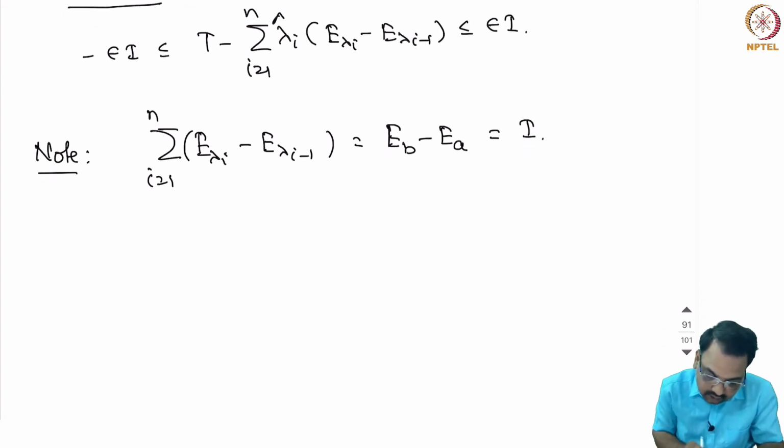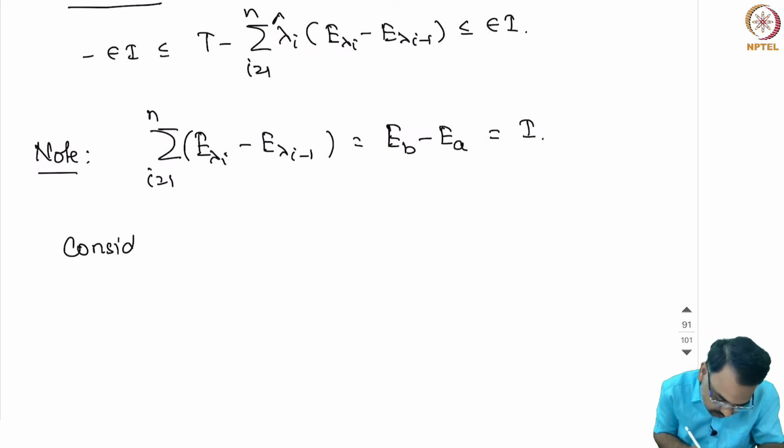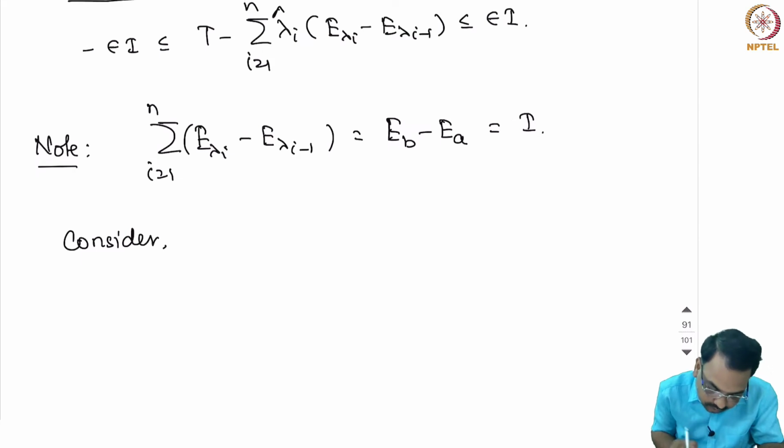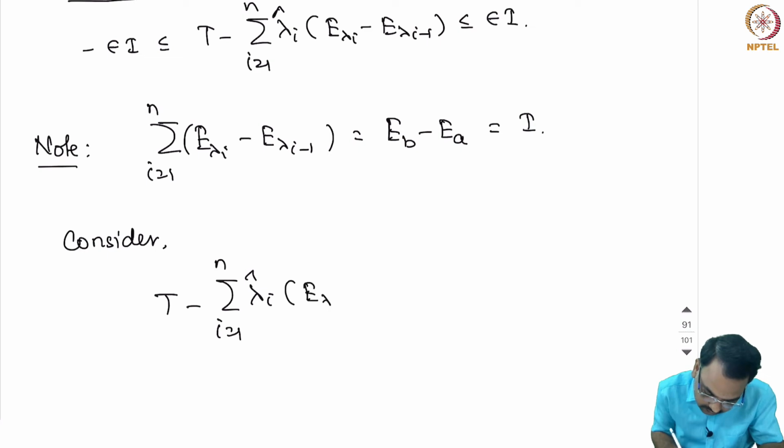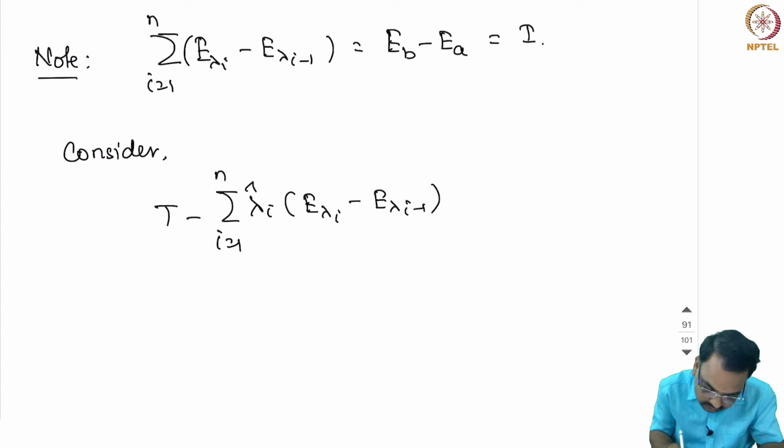Okay, so let us consider T minus summation i equal to 1 to n lambda i hat E lambda i minus E lambda i minus 1.